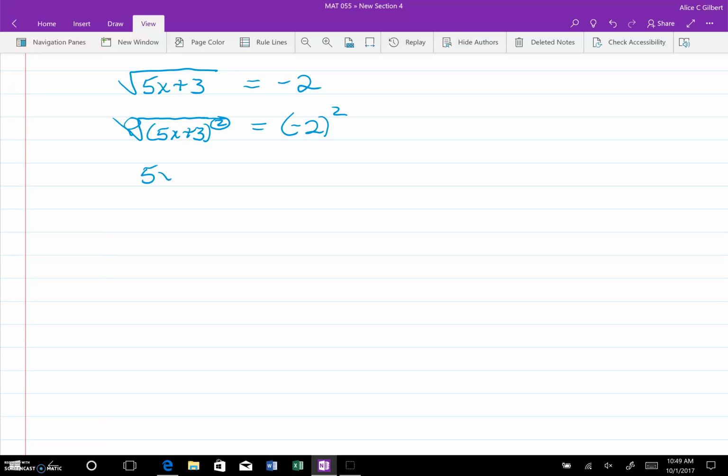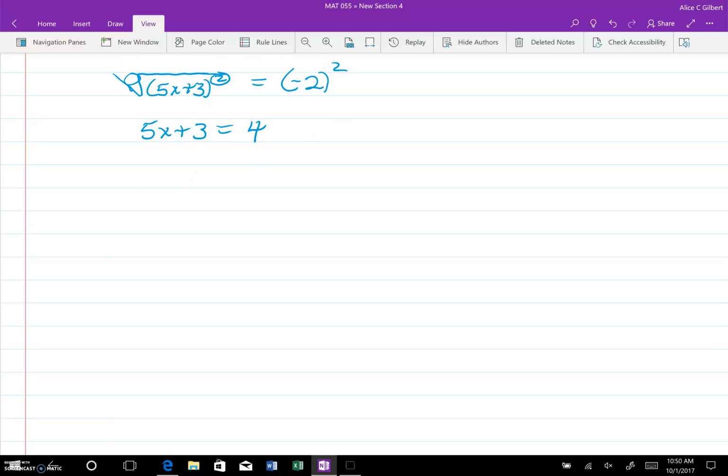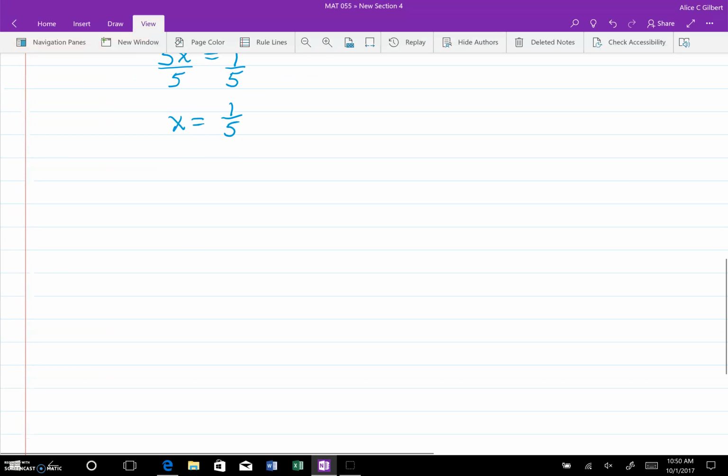And so then I get 5x plus 3 equals -2 squared, which is 4. Now once again, this is a linear equation, so I just need to get all my x terms on one side, everything else on the other, and then ultimately x by itself. So I'm going to subtract 3 from both sides, and then I'm going to divide the 5x by 5, and that gives me x equals 1/5. Now I need to check this.